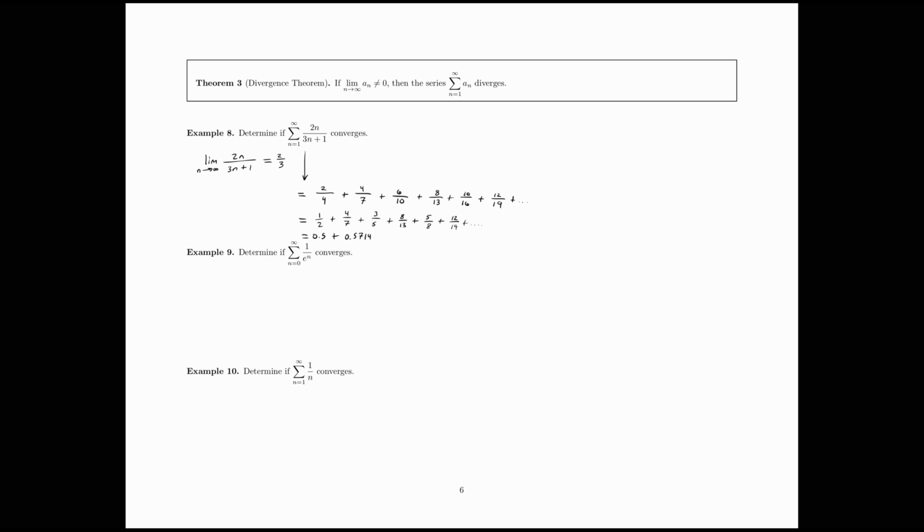I'm just going to round to the nearest 4 decimal places. I don't need anything more than that. Plus 3/5, so that's 0.6. Plus 8/13, this is 0.6154, again rounding to 4 decimal places. Plus 5/8, 0.625. Plus lastly, I'll do 12/19, which is 0.6316.